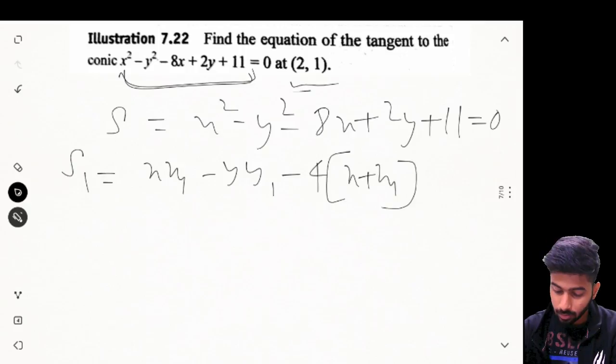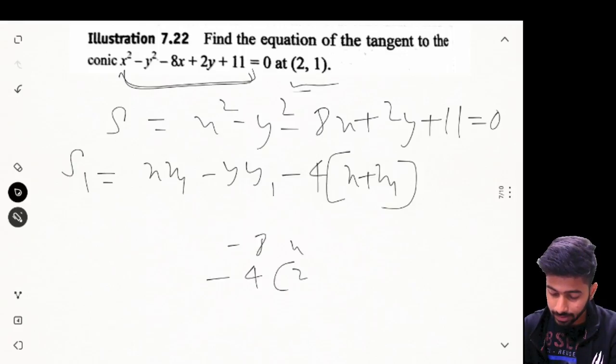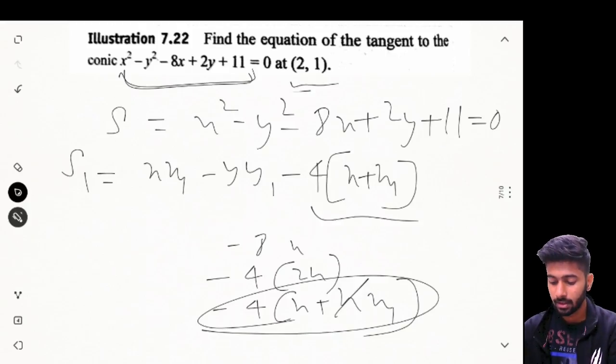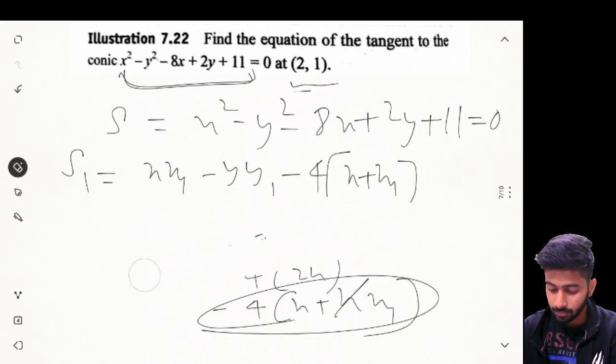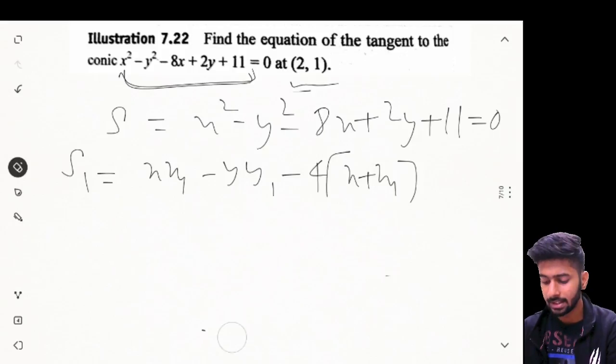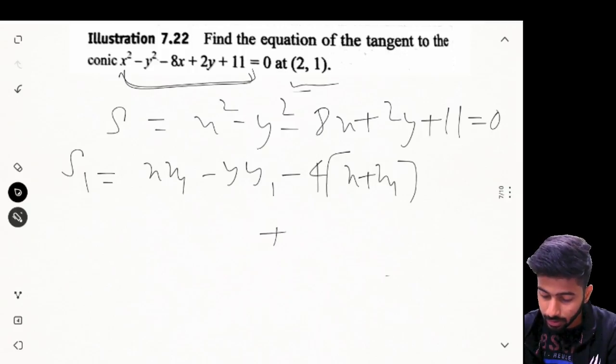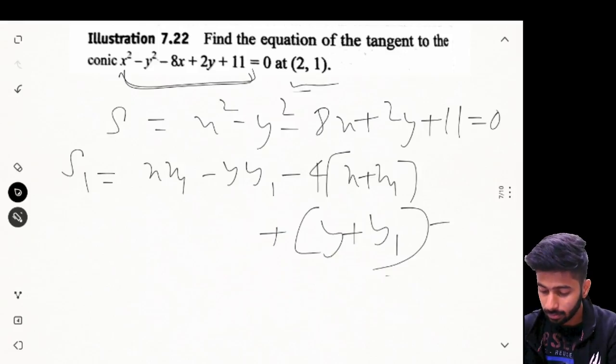So once you have minus 8x, what you do is you take a minus 4 into 2x, basically minus 4 into x plus x, and one of these x's you make it x1. So that's how you get it, minus 4 into x plus x1. I hope you understood. It's just a notation, nothing else. S1 equal to 0 is just a notation of writing S is equal to 0 in this form. So for y, what you'll do is you'll take this 2y, you'll write this 2y as y plus y, and one of the y's you'll make y1. So it's y plus y1 plus 11 is equal to 0.